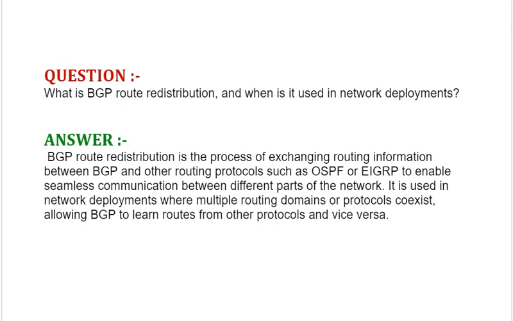Our next interview question is: what is BGP route redistribution and when is it used in network deployments? Your answer should be: BGP route redistribution is the process of exchanging routing information between BGP and other routing protocols such as OSPF or EIGRP to enable seamless communication between different parts of the network.